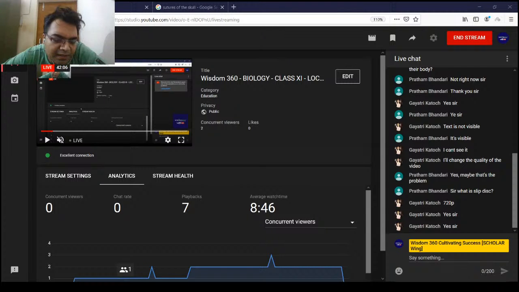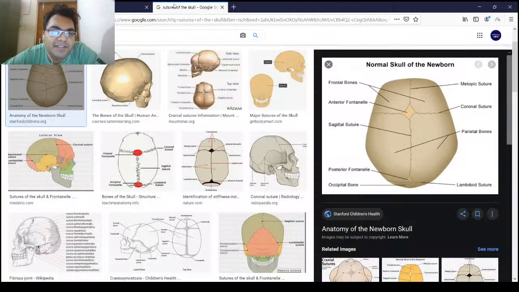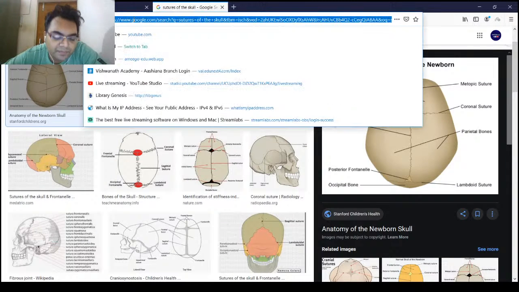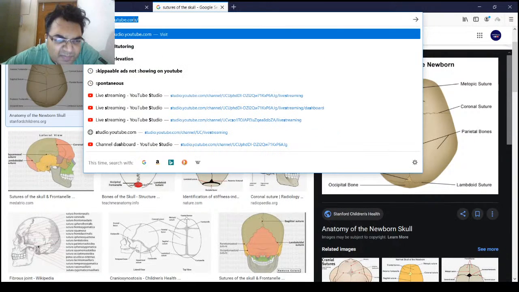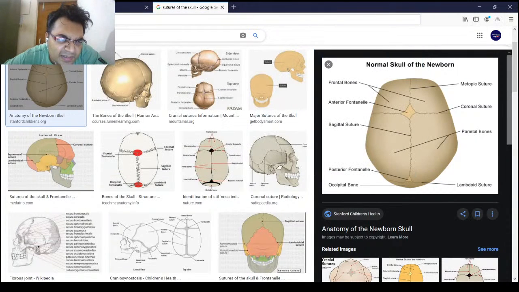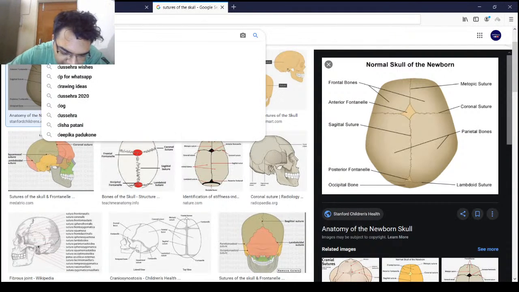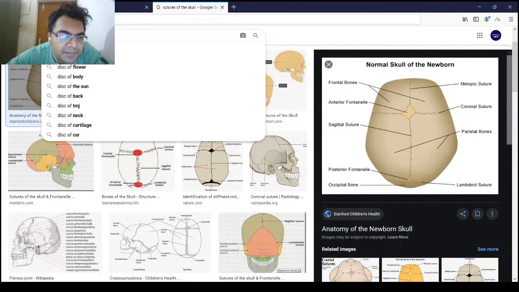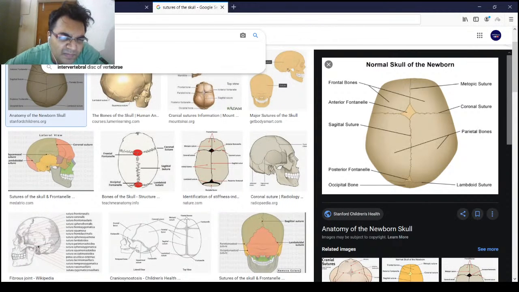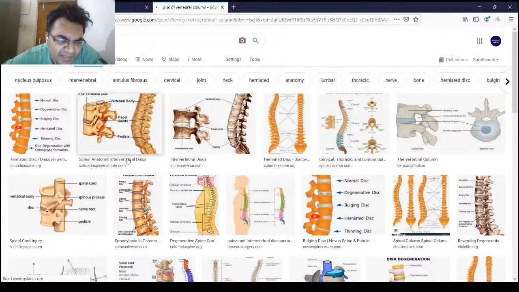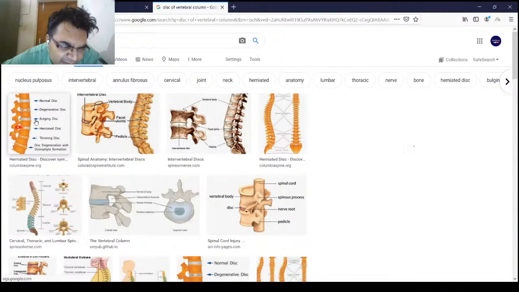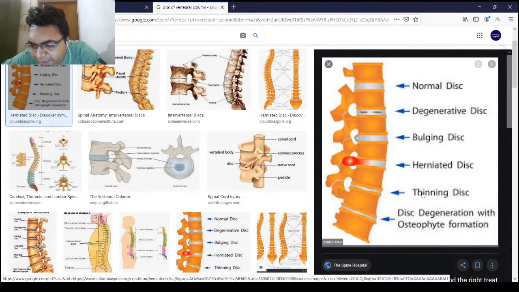Okay, so I'll share the slip disc image with you, here on the disc of the vertebral column. Just look at this one. You'll be able to see very properly.